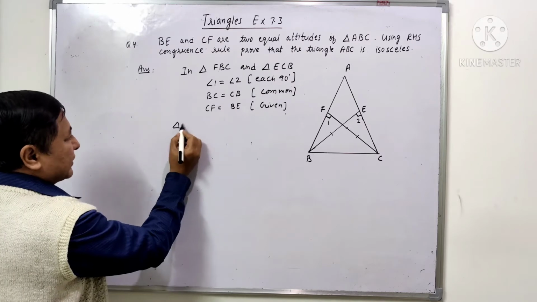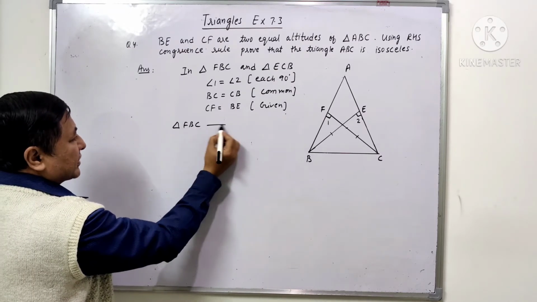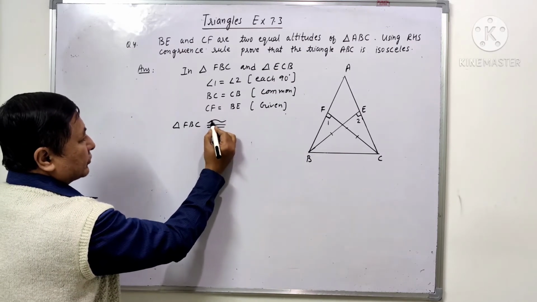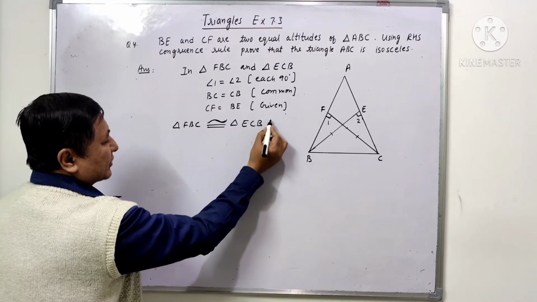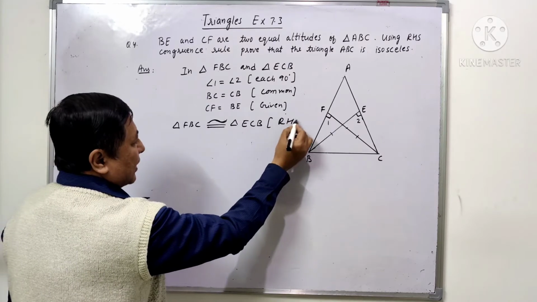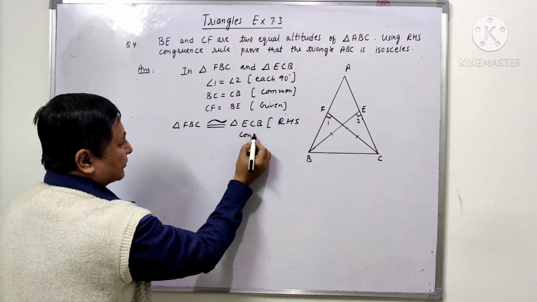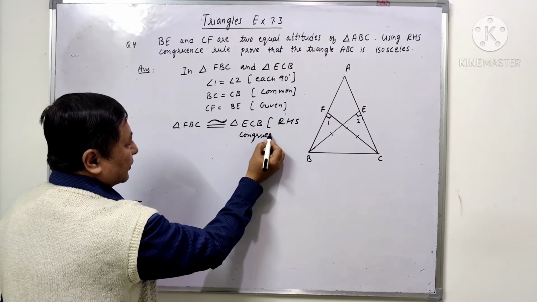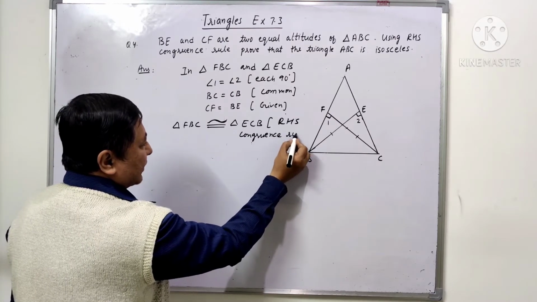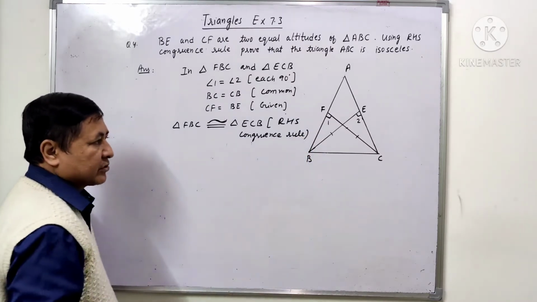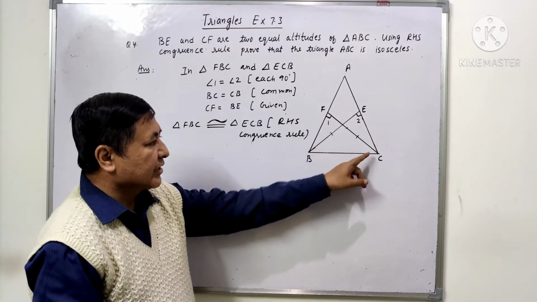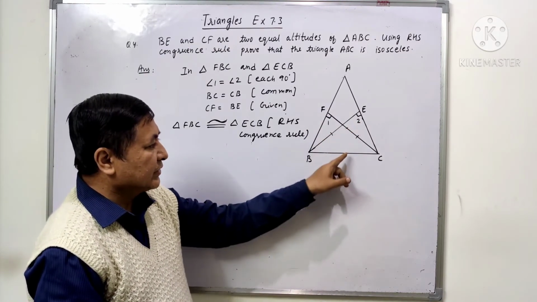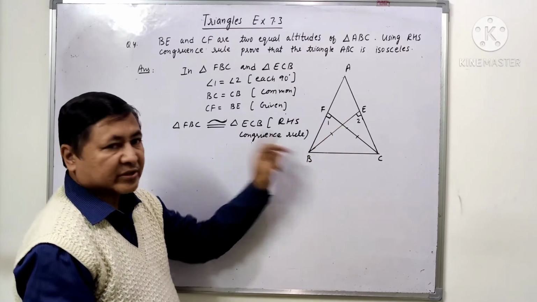So the triangle FBC is congruent to triangle ECB by the rule known as RHS congruence rule. It is already mentioned in the question that we have to use the RHS congruence rule. Right angle, then we have used hypotenuse, and then we have used side.